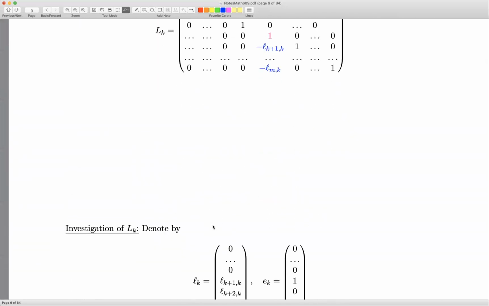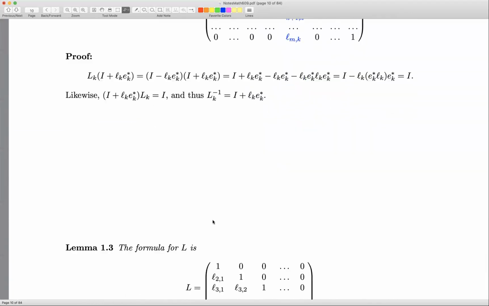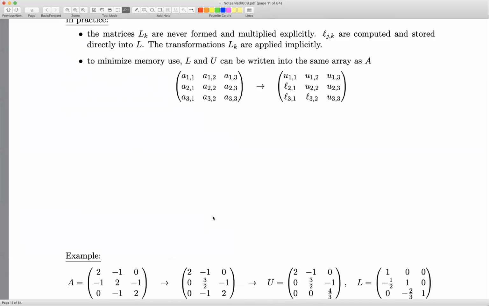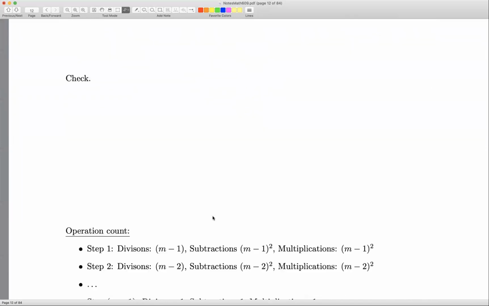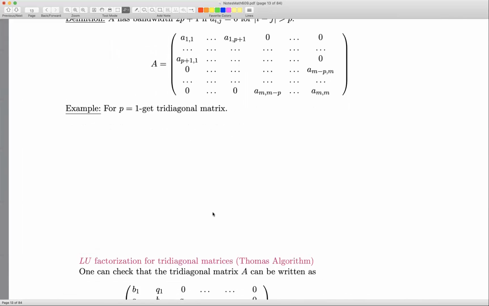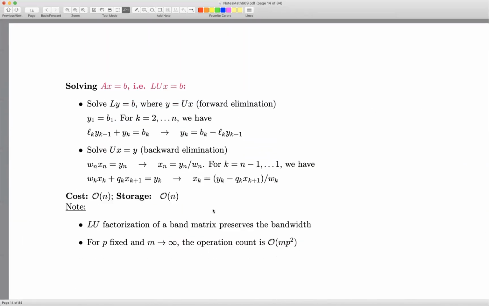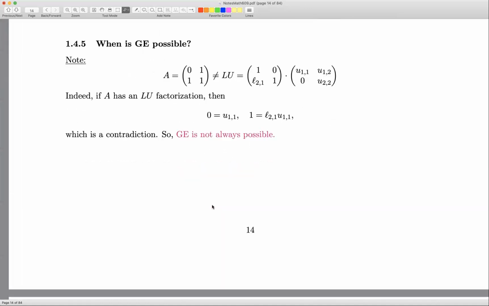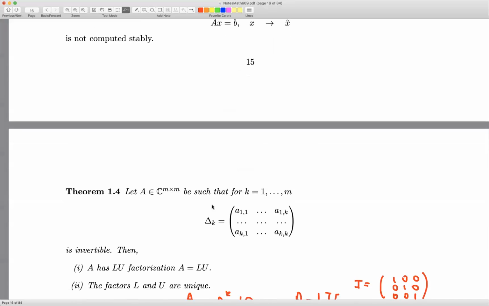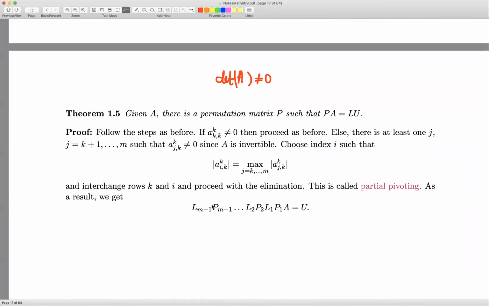So if this is the case, we can exchange row k with any of the rows below it. However, we choose a particular row to exchange it with, and this will be the row that has the entry that is the biggest in absolute value among all the blue entries. So how are we choosing here particularly?